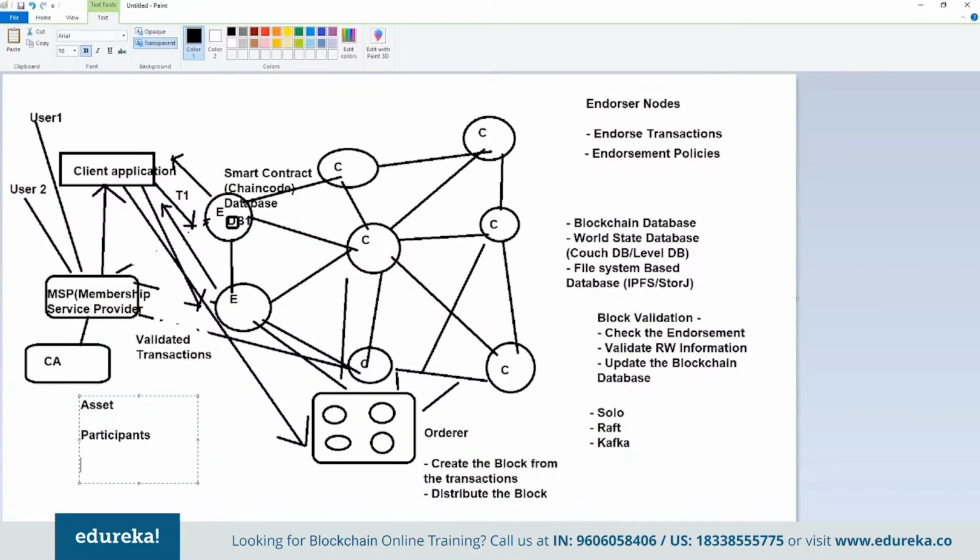Similarly, you will also need to define the transactions. Transactions is basically what all transactions can take place between these participants catering to these assets. For example, there can be a transaction where a land is getting transferred from one owner to another owner, or where the medical record is getting updated for a particular patient.